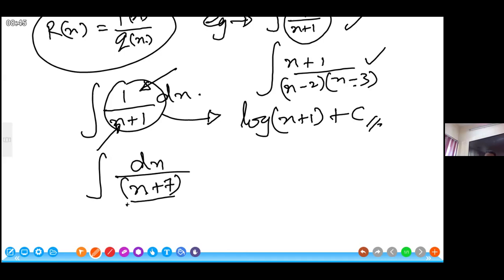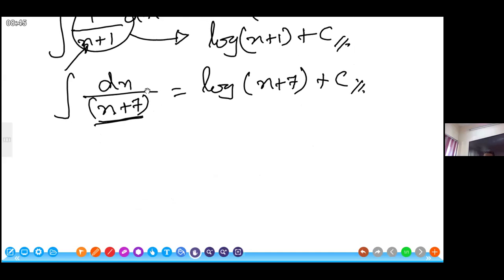The derivative of x plus 7 is 1, which is found in the numerator, so we could write it as log x plus 7 plus c. Easy one that we have seen, right?